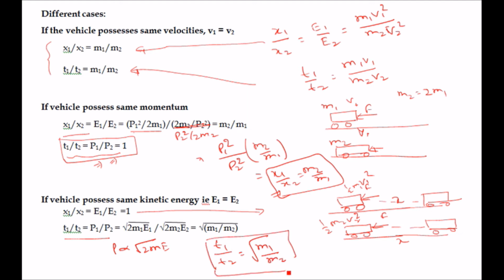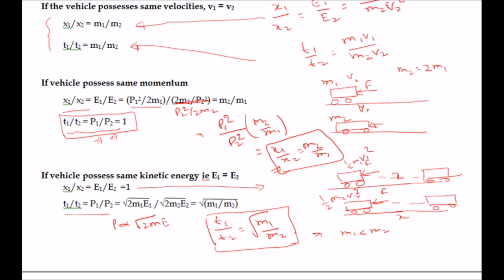So the vehicle having a smaller mass will stop earlier than the heavy vehicle, although the smaller vehicle will have more velocity than the heavy vehicle. That is, suppose m1 is less than m2 and the kinetic energies are the same, E1 is equal to E2.